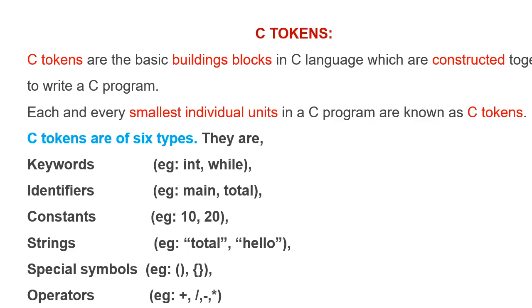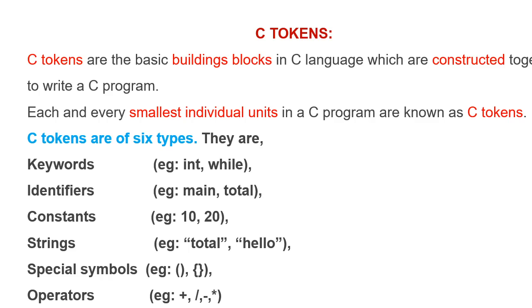There are six types of C tokens: keywords, identifiers, constants, strings, special symbols, and operators. A keyword is, for example, int or while. Identifiers, for example, main, total.